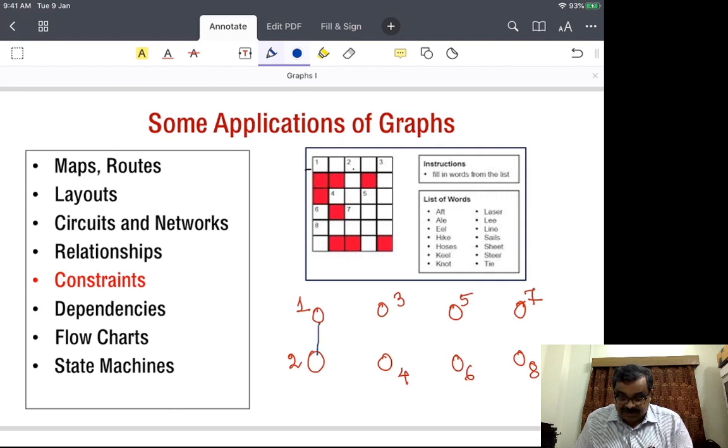So we'll draw an edge between 1 and 2. Similarly, 1 and 3 must have a constraint. 2 does not have any constraint with 3, but 2 has a constraint with 4. And 2 has a constraint with 7. Again, 3 has a constraint with 4. 3 has a constraint with 8.